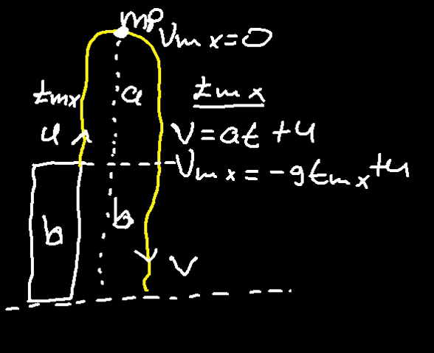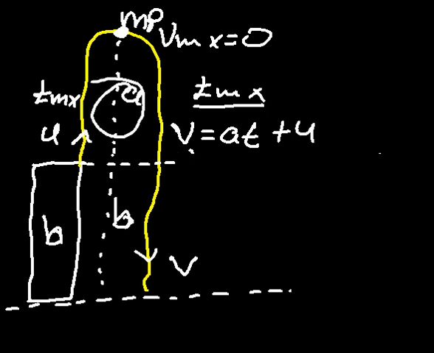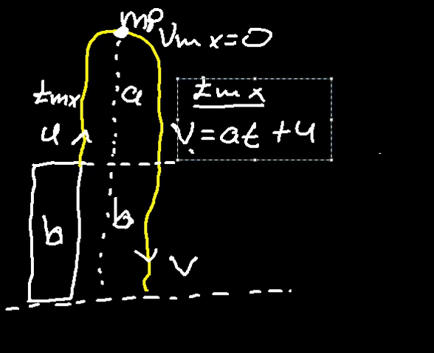So how can you be able to have, let's say, the maximum height? Let's say the height from the top of the building to the maximum point, or the maximum position.